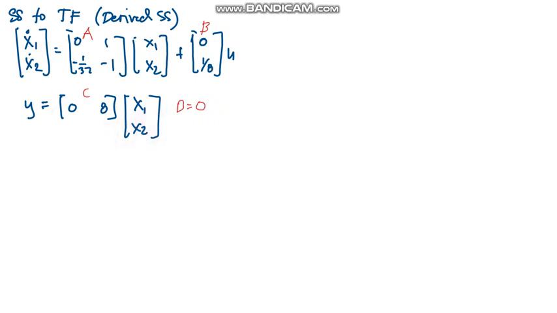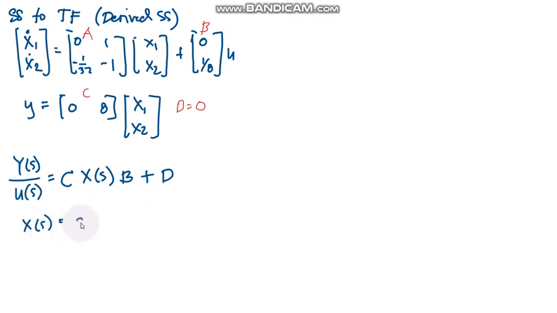Okay, and to start the process of solving this, we should recall that the standard notation for our transfer function, we need to derive Y(s) over U(s) with this formula: C multiplied by X(s) times B plus D, where X(s) is equivalent to the identity matrix sI minus A, inverse.